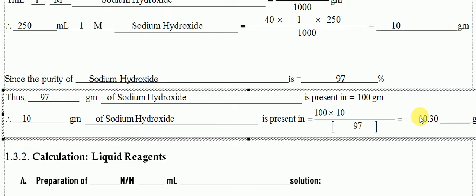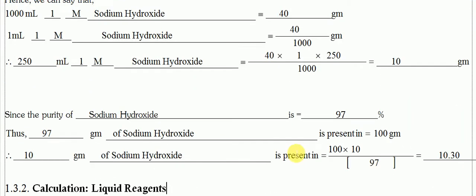This is the actual weight that we have to take from the container that is containing 97% pure sodium hydroxide to get the exact 10 gram of sodium hydroxide. And after taking this, we have to put this in the 250 ml volumetric flask, and make the solution by using either method 1 or method 2.